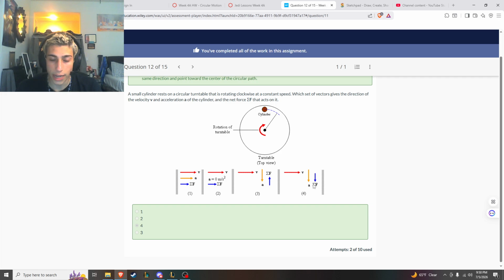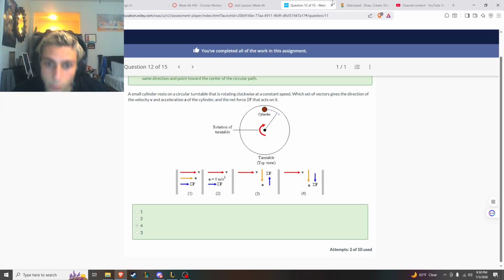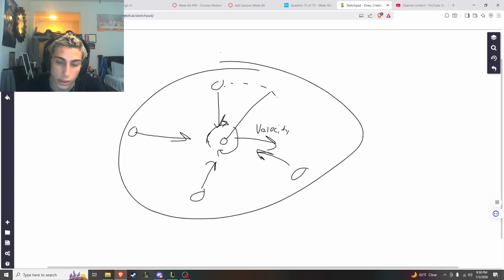And then we have acceleration and force. There is only centripetal acceleration, and centripetal acceleration always points towards the center from wherever you're at. You could be over here, it's going to point to the center. Either way, it's going to point this way.